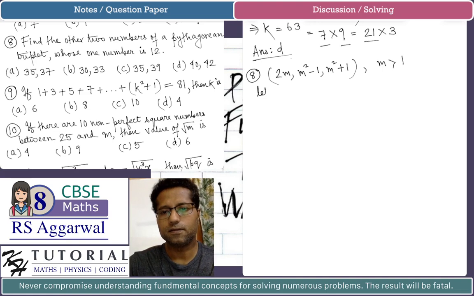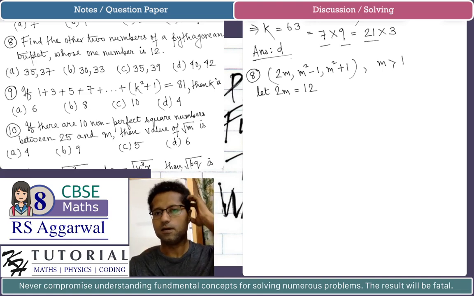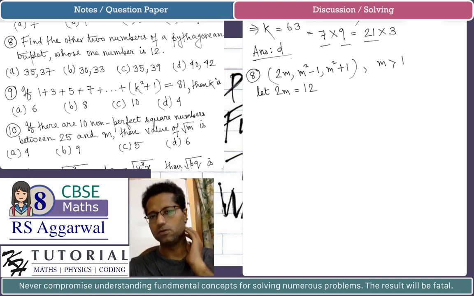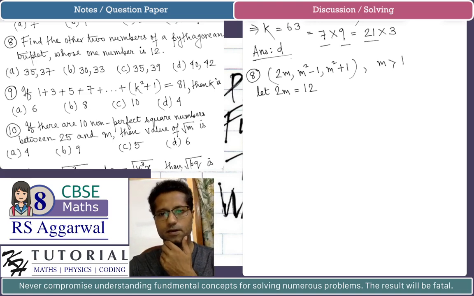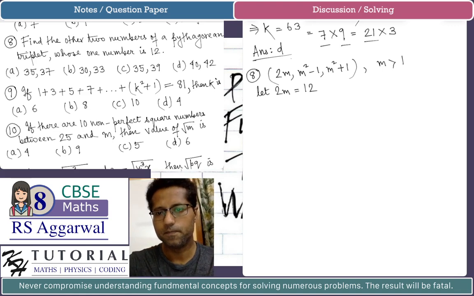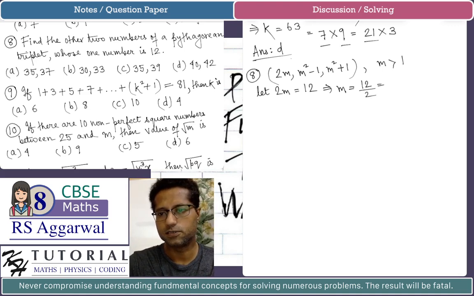So if you let twice m equal 12, we are considering that the Pythagorean triplet will be of the form twice m, comma, m square minus 1, comma, m square plus 1, and we are assuming that the given number of the Pythagorean triplet, which is 12, is twice m. So we get twice m equals 12. This implies m will be equal to 12 by 2, that is 6.